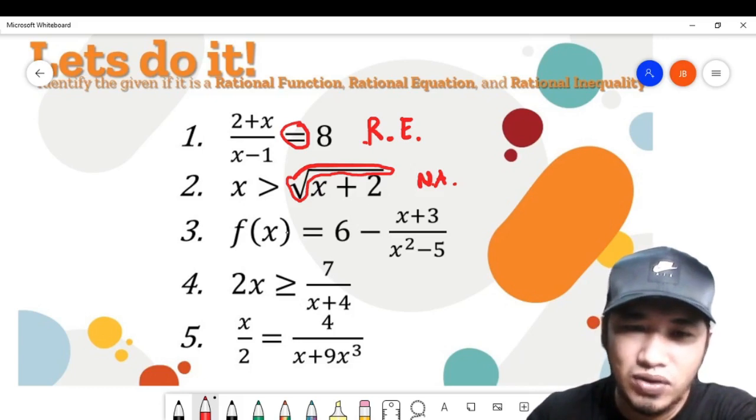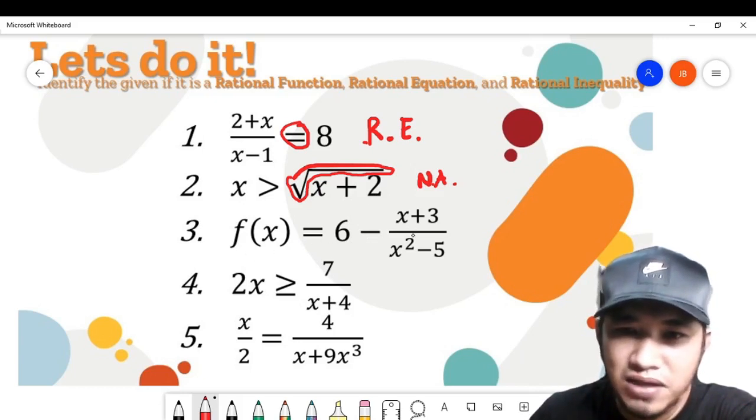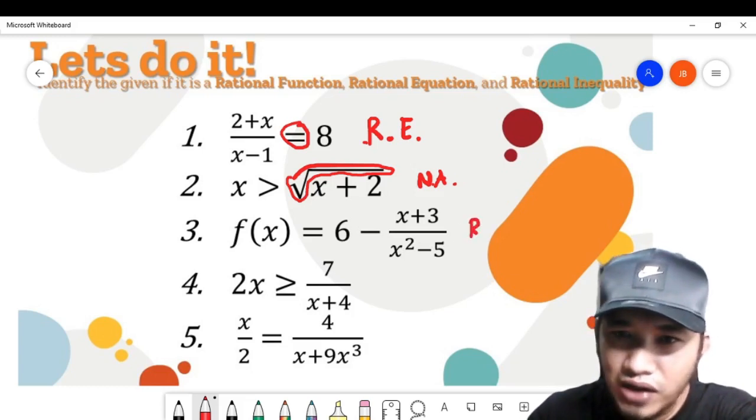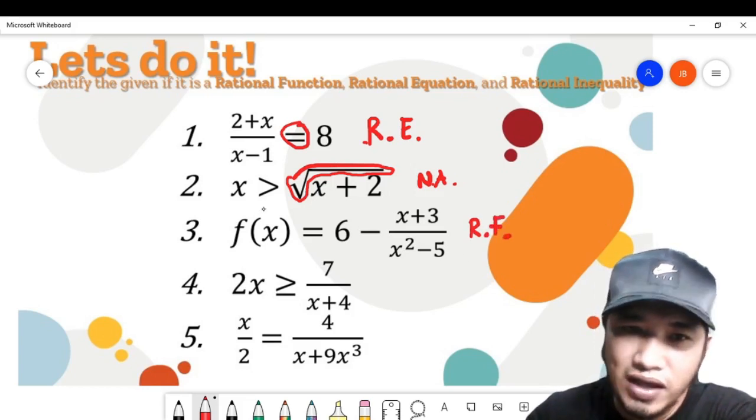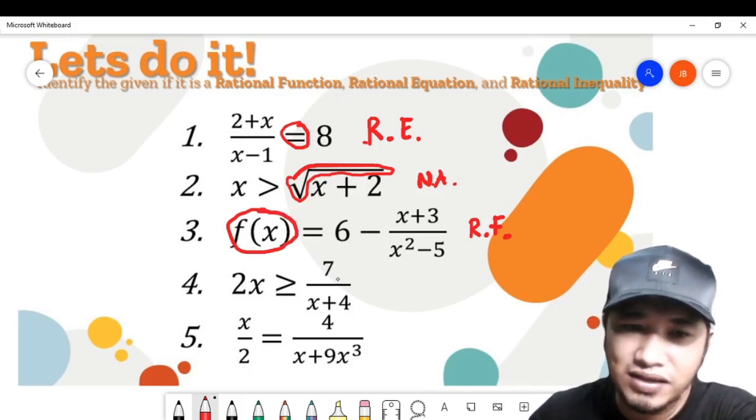Alright? So number 3: f of x is equal to 6 minus x plus 3 all over x squared minus 5. What is that? That is a rational function. Why? Because of the f of x.